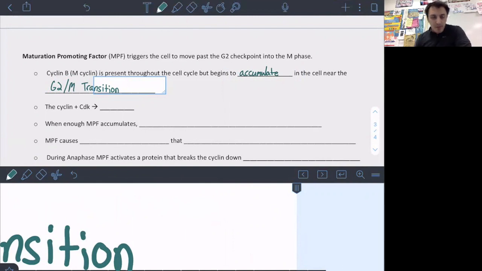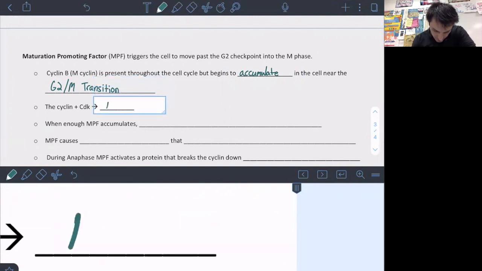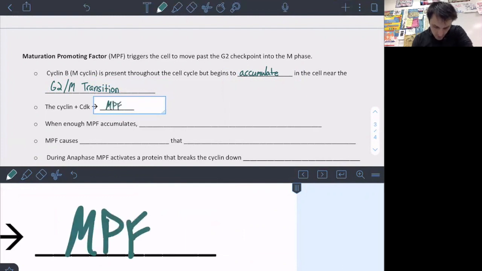This MPF is really the cyclin CDK complex.